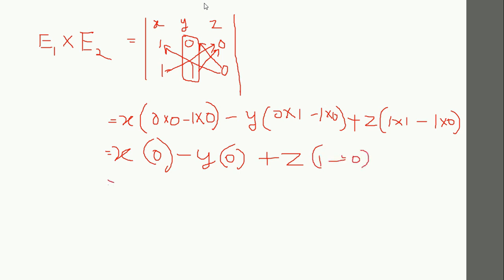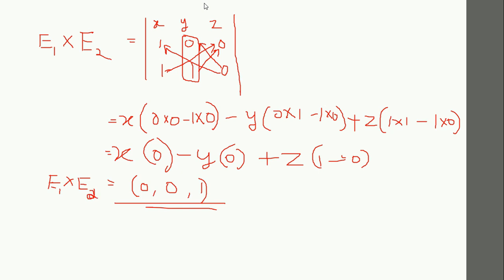Okay, so you get x component 0, y component 0 and z component 1. So this is the cross product of edge vectors E1 and E2. This is how you calculate the cross product of E1 and E2.